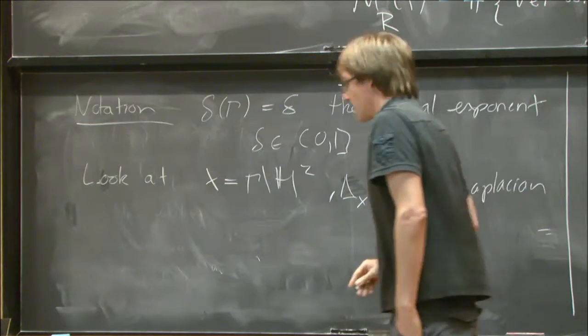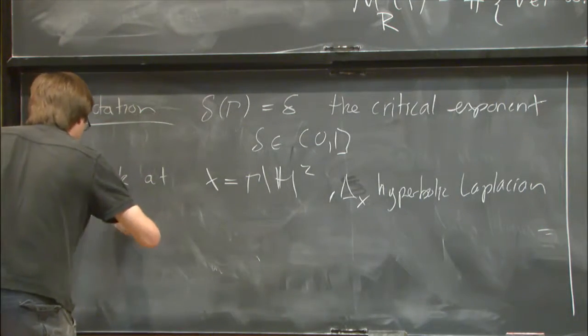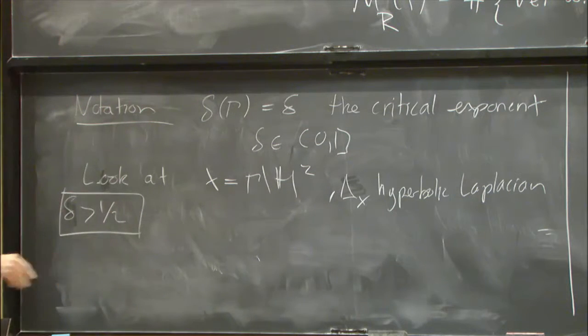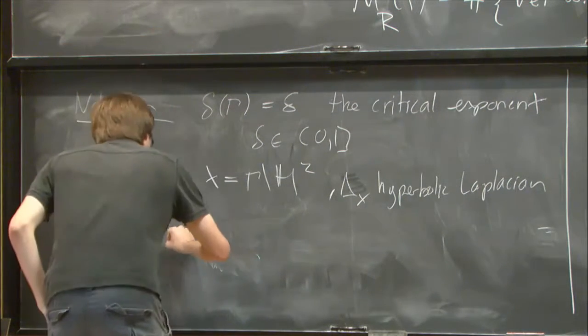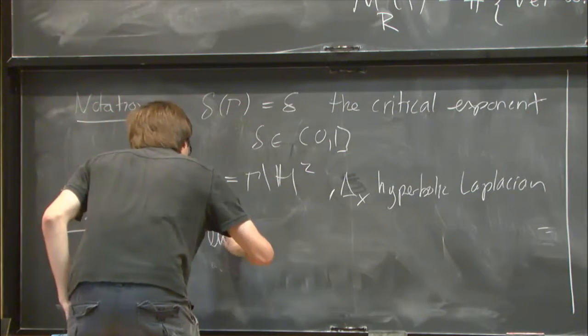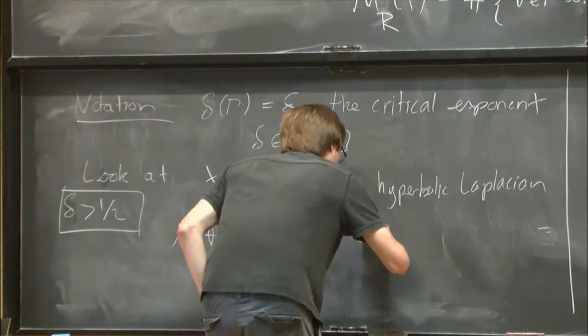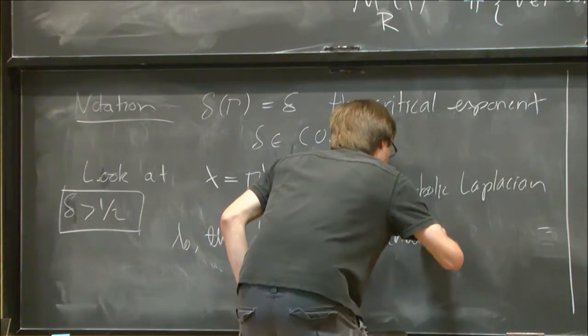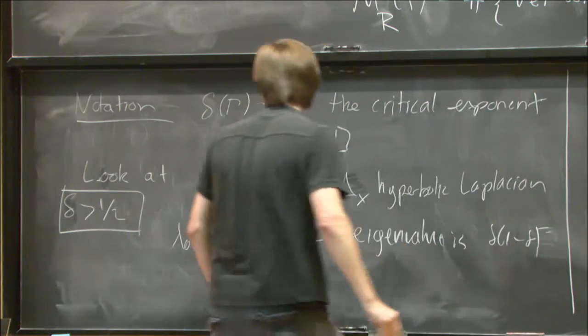And it turns out that we understand the spectrum fairly well under an assumption: delta greater than a half. So things which are sparse but not too sparse. And under this assumption, we have lambda naught, the base L2 eigenvalue, is delta times (1 minus delta).